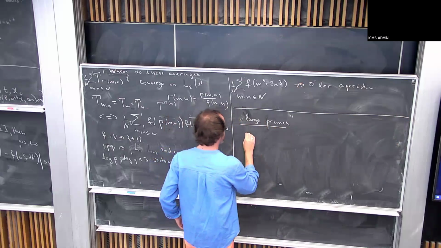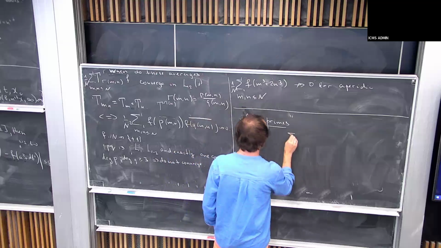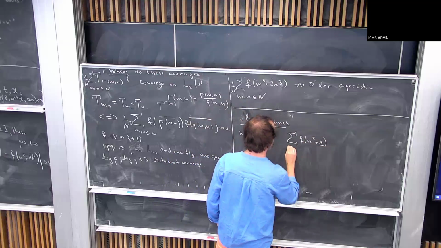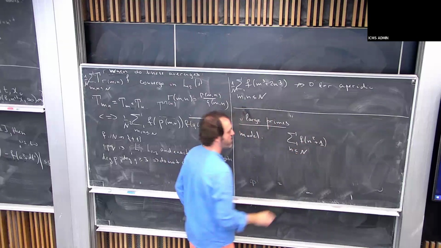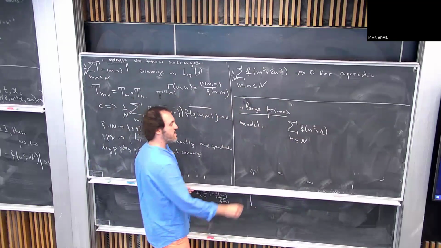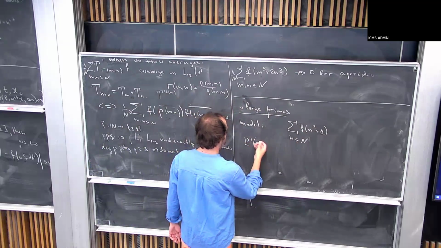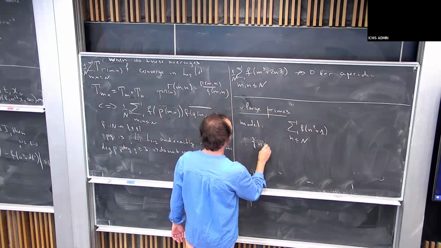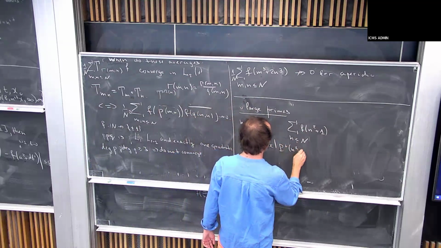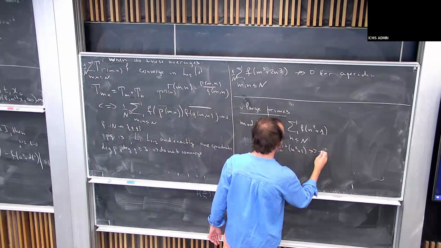Let me just say the model thing, one minute. If you take polynomials of the form, say, n squared plus 1, then there are many numbers which have a largest prime factor much bigger than, say, n log n.